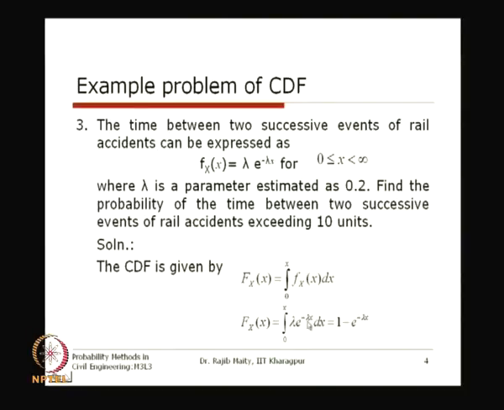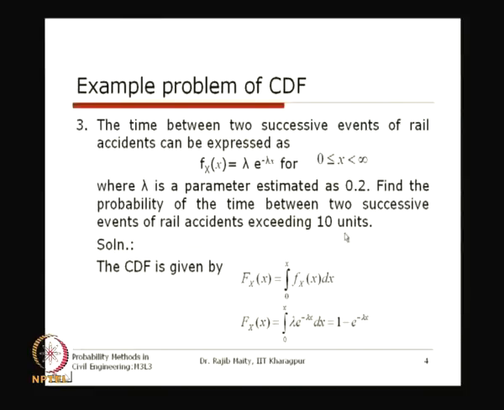With this simple integration, we get 1 minus e to the power minus lambda x, which is the cumulative distribution function for this probability density function. If we put any particular value of x here, we directly get the probability of the random variable X being less than or equal to small x. Now, our question is to find the probability of the time between two successive events of the rail accident exceeding 10 units.